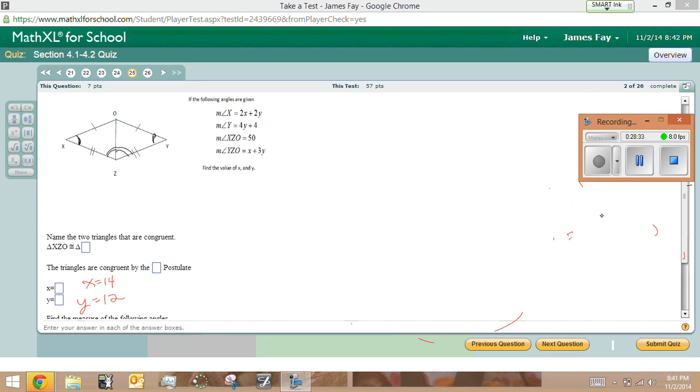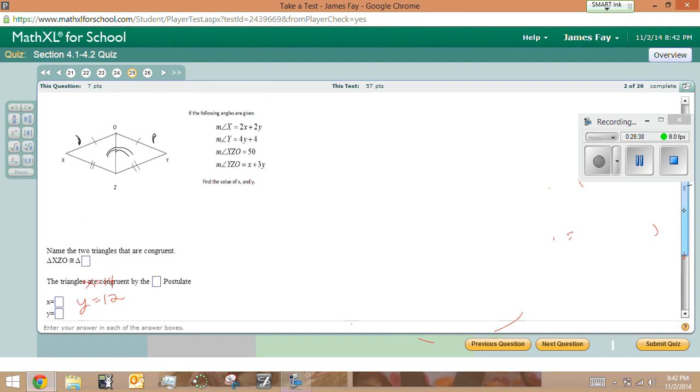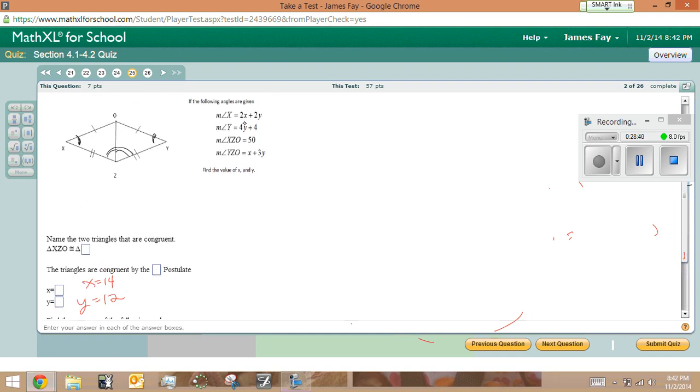The next part, they want you to find measure of angle X. Okay, so measure of angle X is equal to 2 times 14 plus 2 times 12. So that's 28, 24. It's got to be 52 degrees. Okay. The next part, they want to know what is YZO.